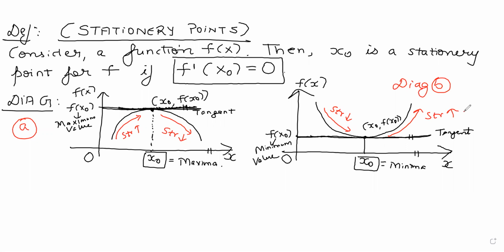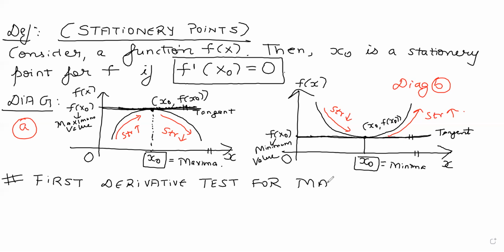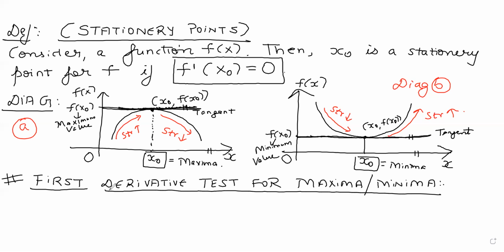Okay, so guys, using this we can now write the first derivative test for maxima and minima. So all students can write this first derivative test for maxima, minima. Let's find the point of maxima, minima using the first derivative test.